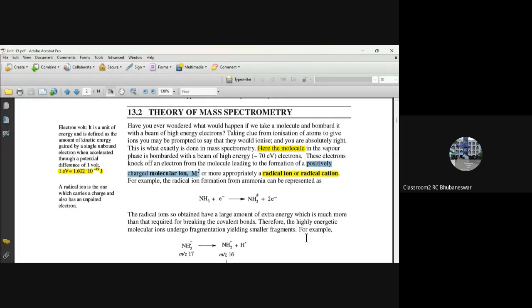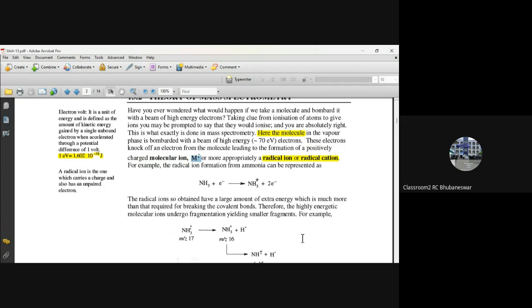This one you must remember, because while getting the spectrum, you will get a good signal for these molecular ions as well as its nearby M plus 1, or more appropriately a radical ion or radical cation.